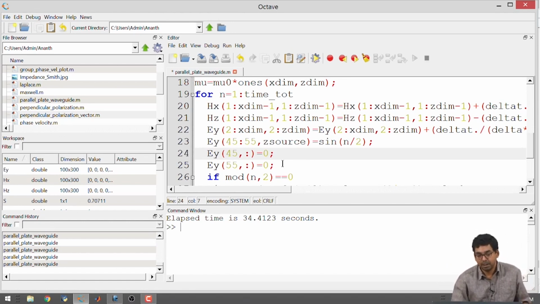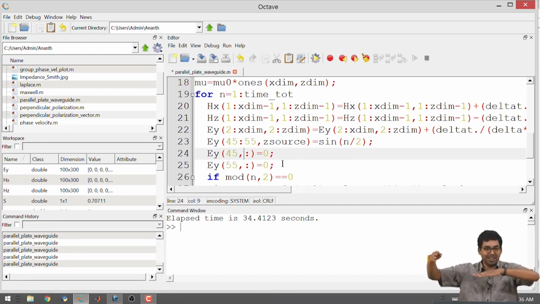So, I will just say that so 45 is at the bottom. So, one of the plates has to become a little longer than the other plate, because I am having parallel plates, I want to have parallel plates here also. So, one of these plates has to become longer, alright.